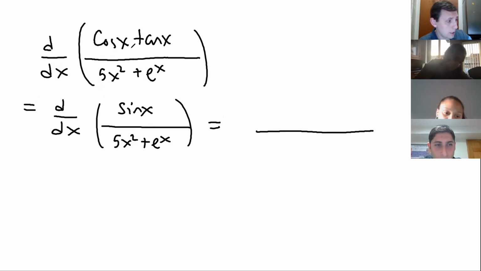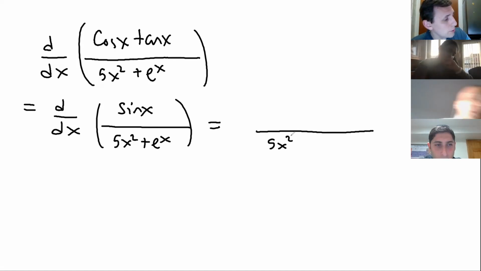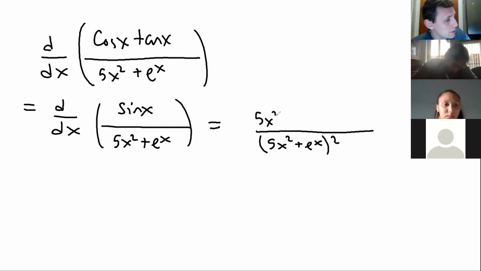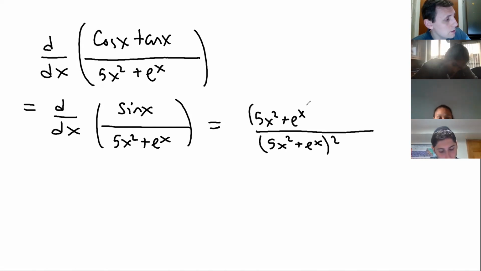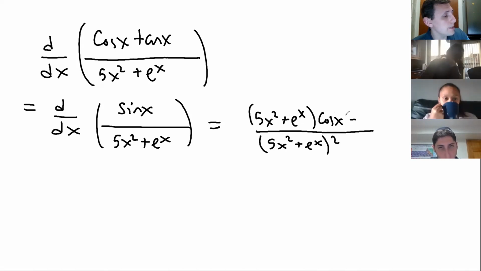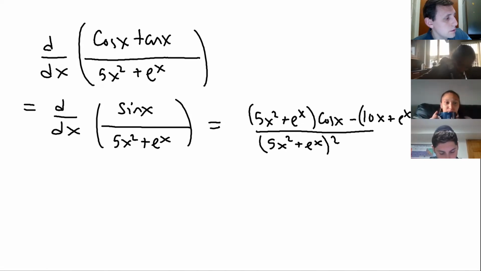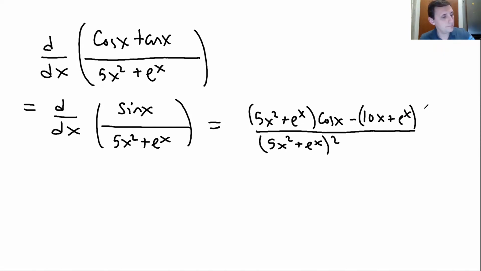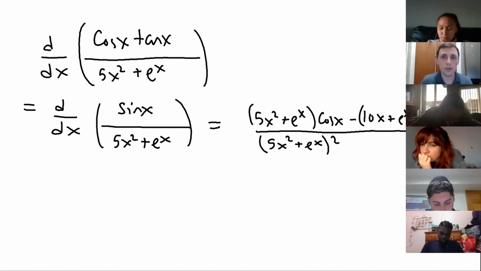Otherwise, we would have, upon taking derivative of numerator, apply product rule. So we have 5x squared plus e to the x squared, 5x squared plus e to the x. Derivative of sine is cosine x, and minus 10x plus e to the x sine x. All right, that's good. Let's move on.